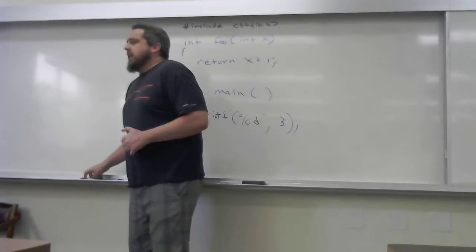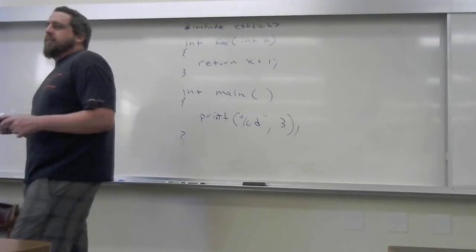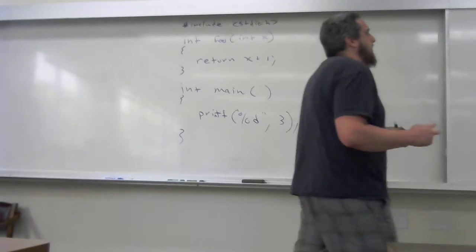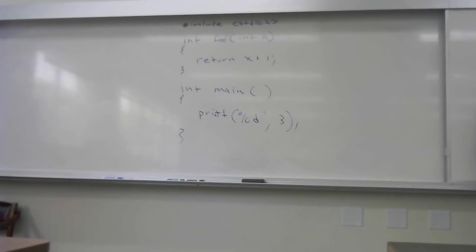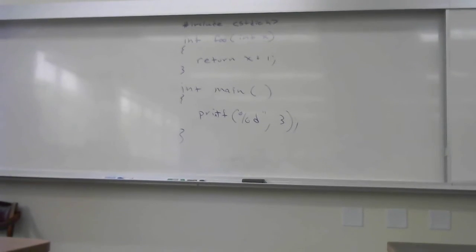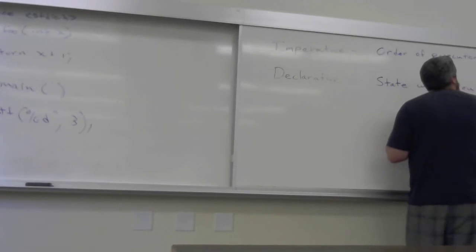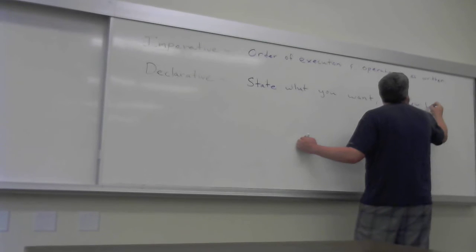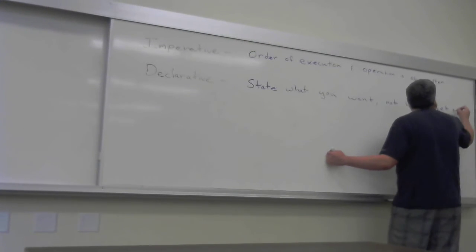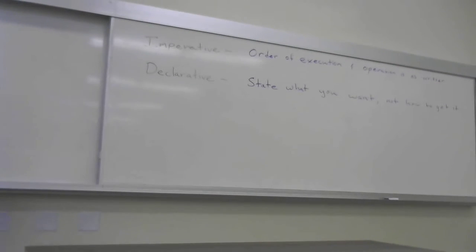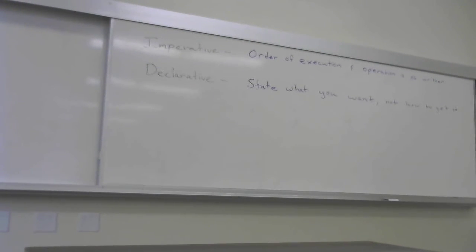Declarative means you state what you want, not how to get it. You state what you want, and this is an example of a database query.